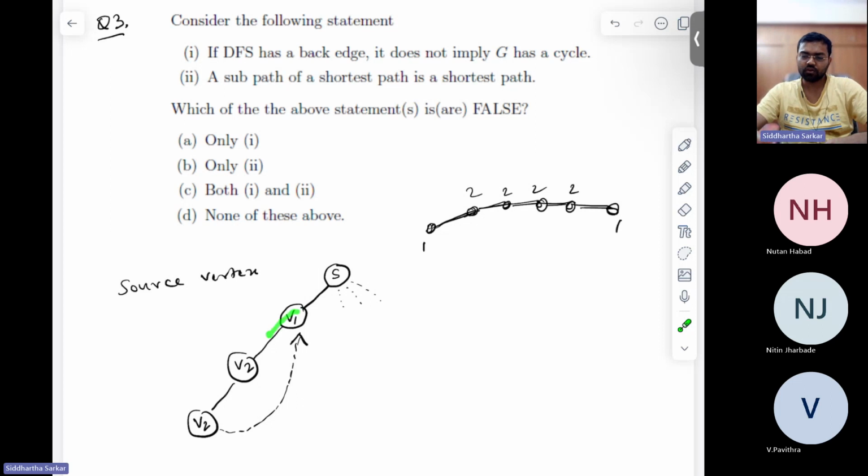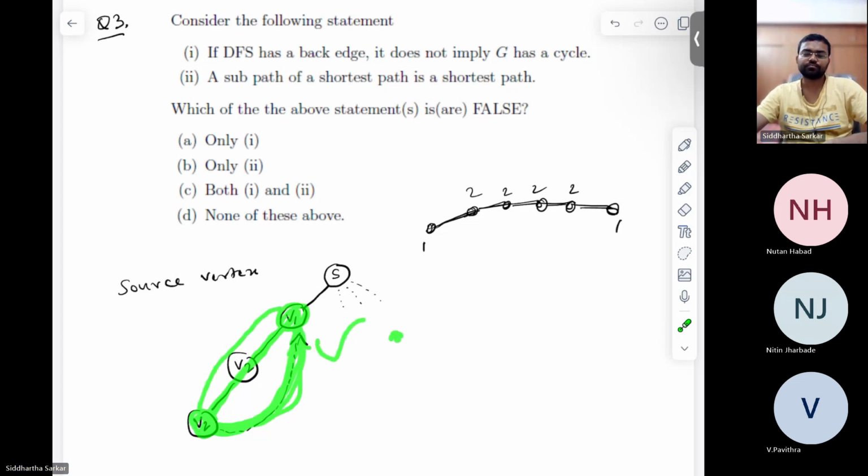If you have encountered a back edge, that back edge is from some vertex to a vertex that you have already seen before. And from that vertex you have followed a path to reach the vertex from which you have the back edge. So this path as well as this back edge together form a cycle.